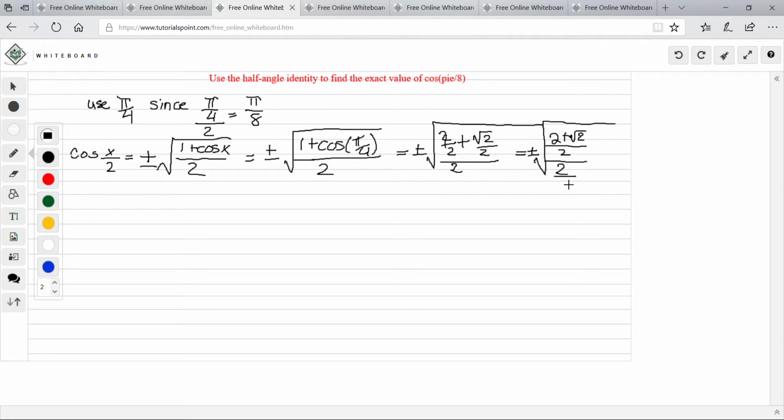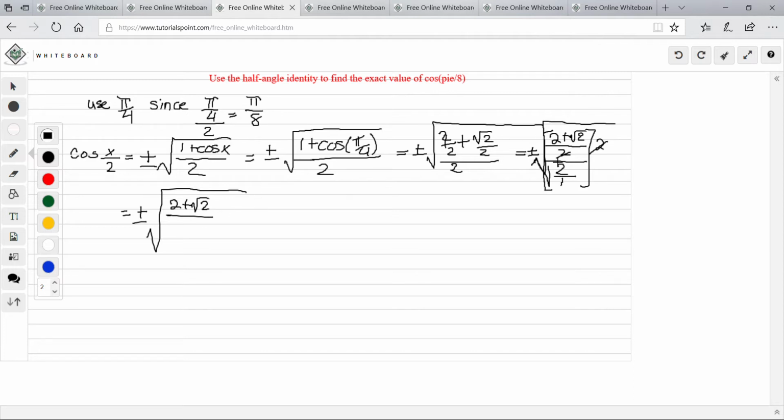If you put a 1 over here and do your brackets, you have a 2 and a 1, so let's multiply everything by 2. So these 2's cancel, and then you're left with plus or minus the square root of 2 plus root 2.